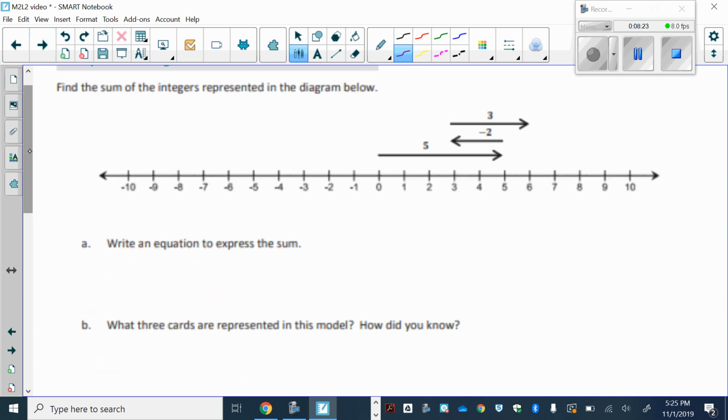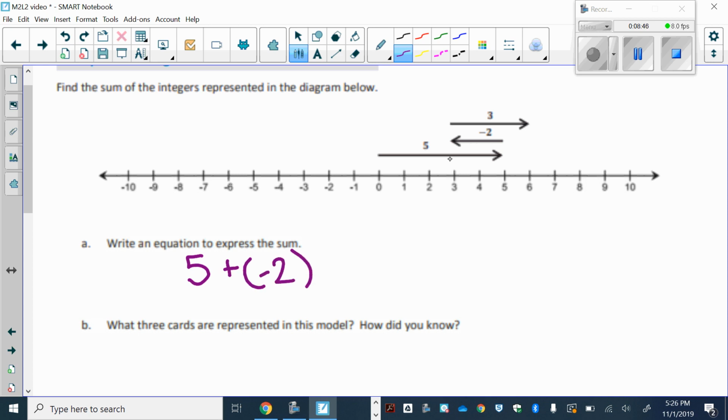Write an equation to express the sum. Well, remember, we always start at 0. So what is our first addend in this picture? The first addend starts at 0 and goes 5 units to the right. From there, we went 2 units to the left, so I'm adding -2.